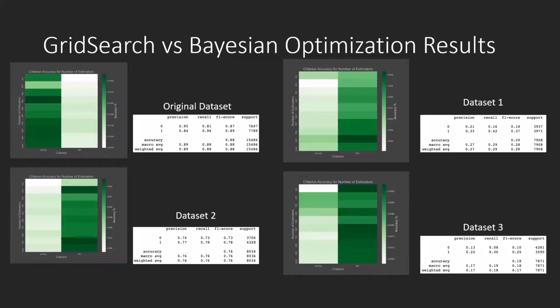We have three main variables that we're comparing the two criterion on. The first one is precision. Precision is just the ratio of correctly predicted positive observations to the predicted positive observations. The second is recall. Recall is the ratio of correctly predicted positive observations to all observations in the actual class.